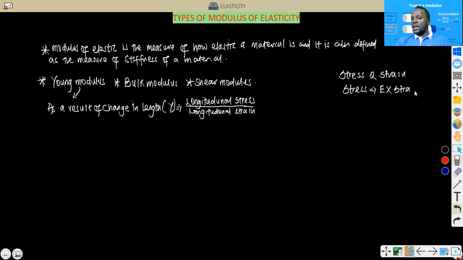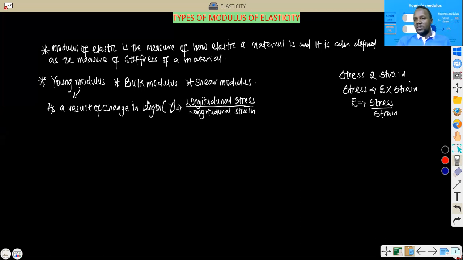So the modulus of elasticity is equal to the stress divided by the strain, which was discussed in the last class. Students should be careful about this. We now say this modulus of elasticity is of three types. Young modulus, which measures the variation in length.